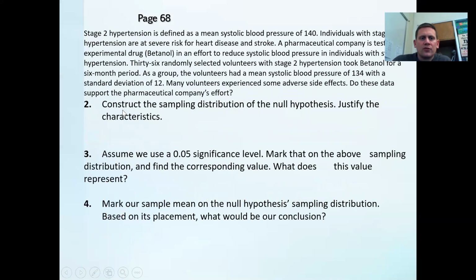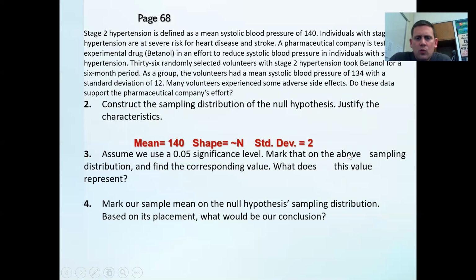Construct the sampling distribution of the null hypothesis and justify the characteristics. Basically, we're just finding the mean, the standard deviation, and the shape. The mean is 140. That's the distribution of the null hypothesis. The standard deviation is 2. The shape is approximately normal.